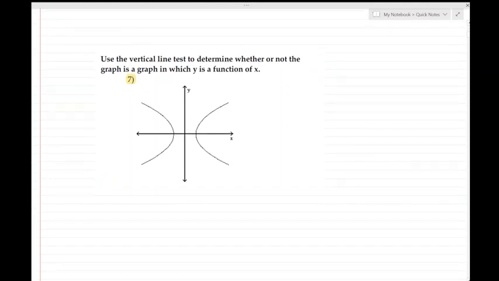Next, we want to use the vertical line test to determine whether or not the graph is a graph in which y is a function of x. So pretty much we're asking, does the graph pass the vertical line test?